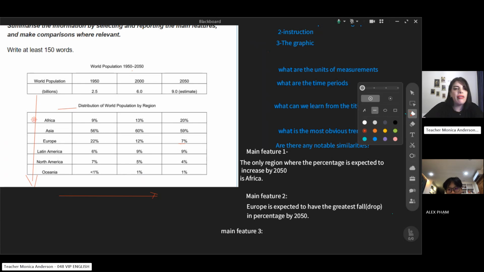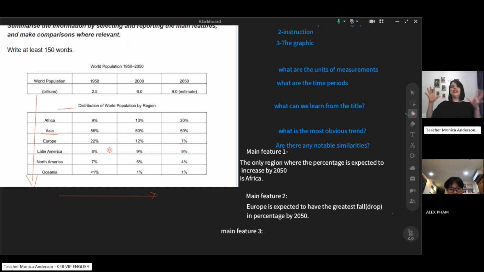So here, I think Asia is important. About the rest of them, like Oceania or North America, Latin America, they're not really important because, yes, of course we will mention them, but they will come later. Not now, these are the most important, notable points that we need to mention.